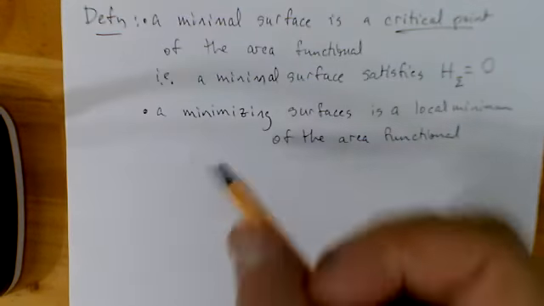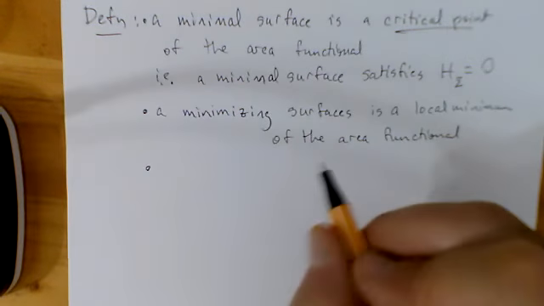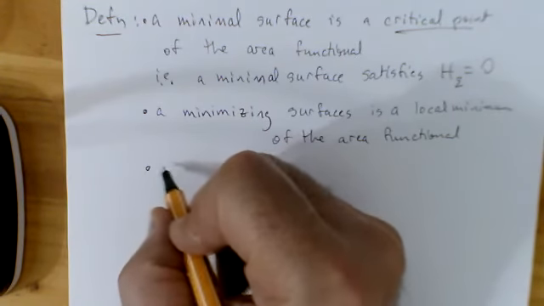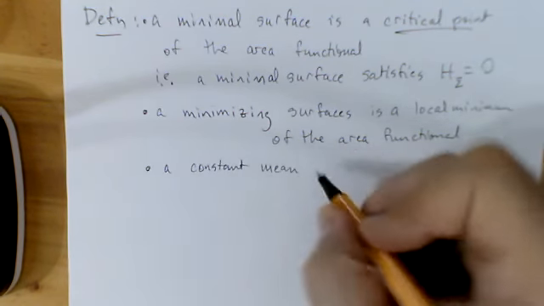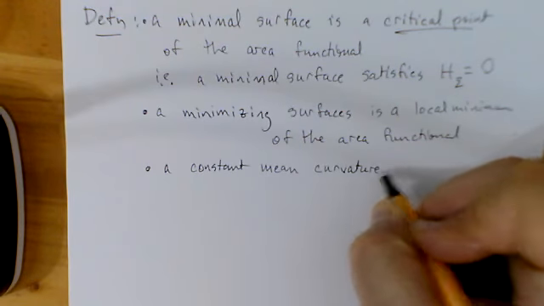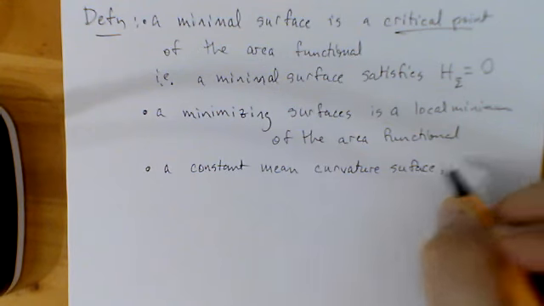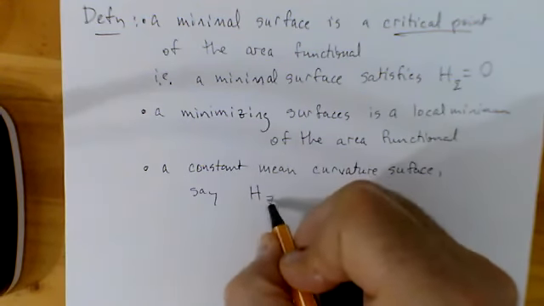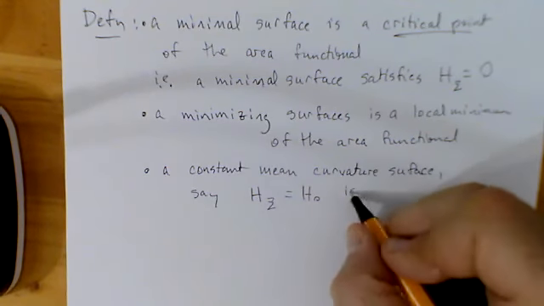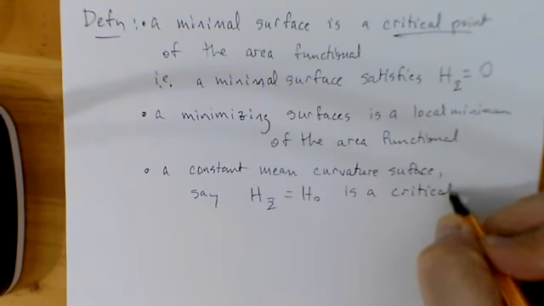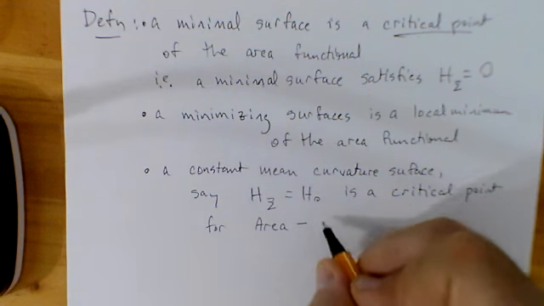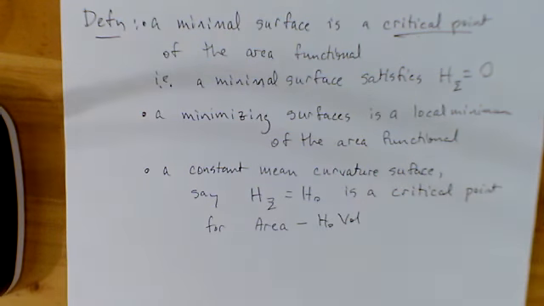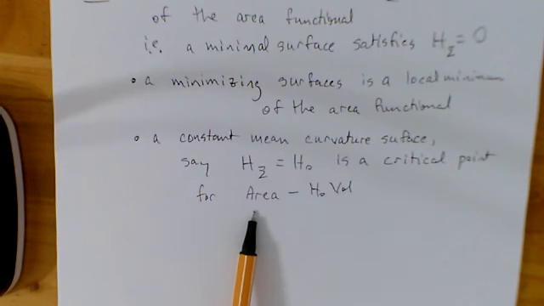And if you do a little bit more work associated to what we just saw, we'll see that a constant mean curvature surface will be a critical point for the functional which is area minus H naught times volume.